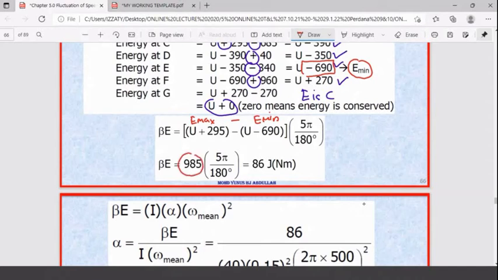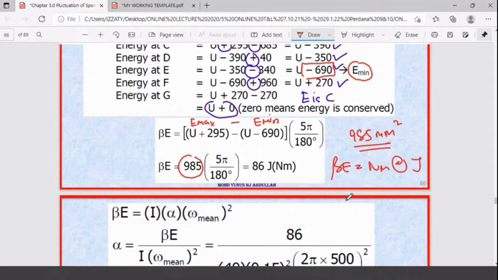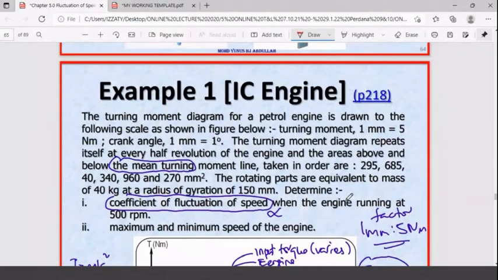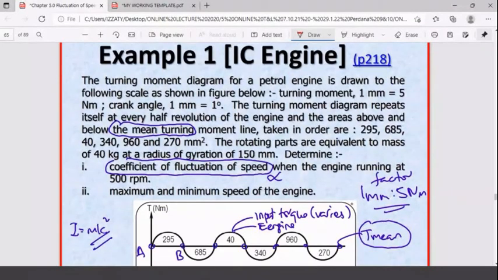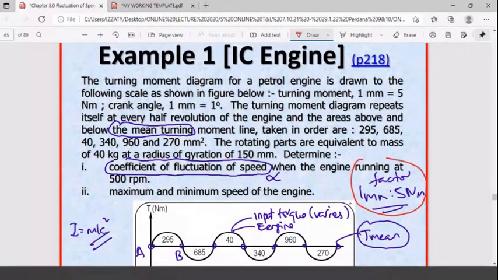Don't worry about this one, because what you'll be getting here, 985, is basically in millimeters square. We don't want this because beta is in units of Newton meter or perhaps joules. So that is why the equation provides you the factor: 1 millimeter is equal to 5 Newton meter.